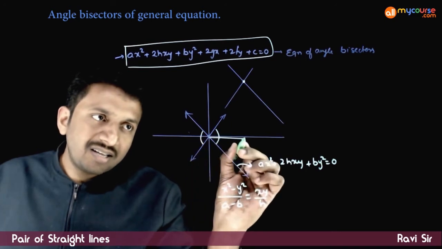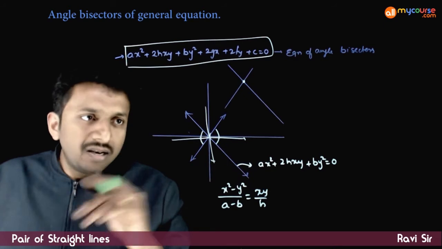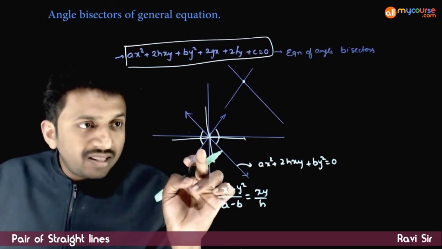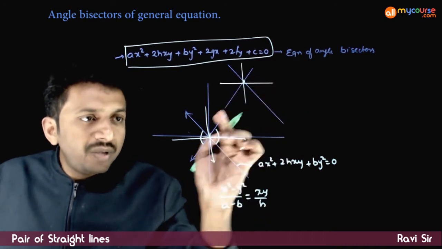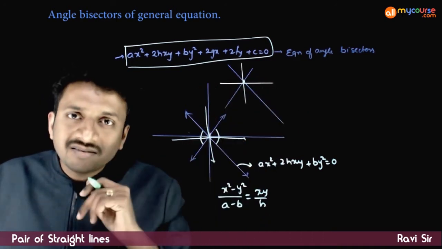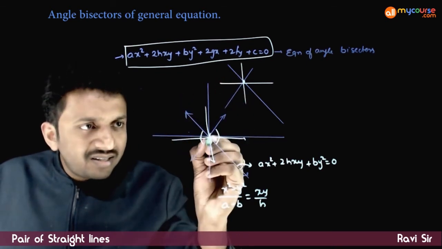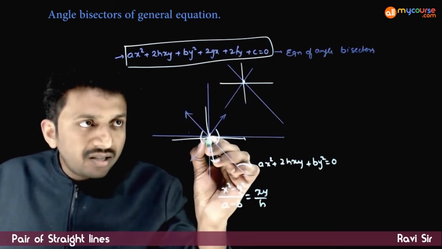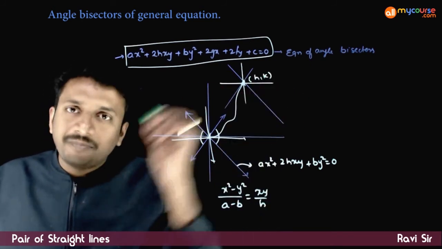Let us say they represent this line and this line. Now can you see that the angle bisectors of this pair of lines will also be exactly in the same direction as this, just that this origin will be shifted to the point of intersection h comma k.